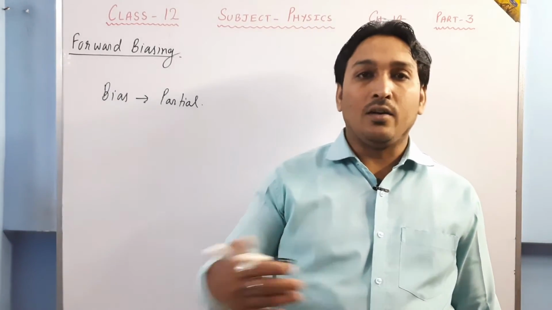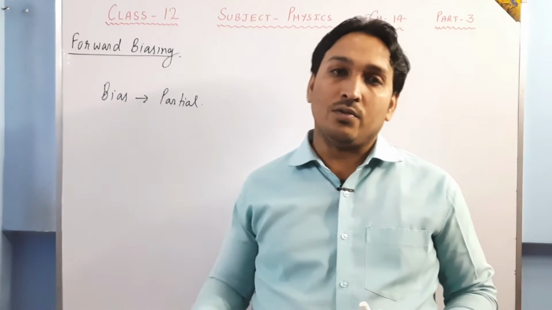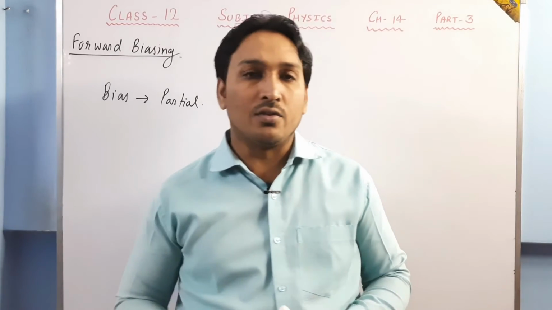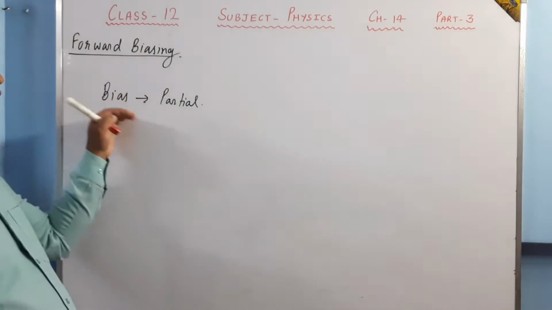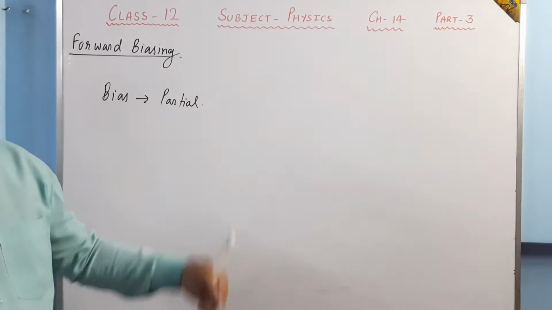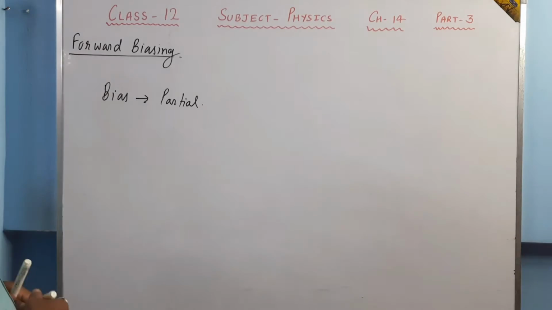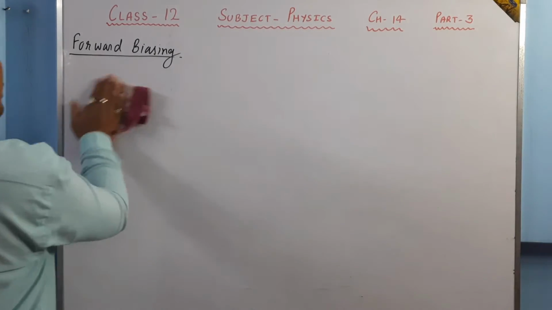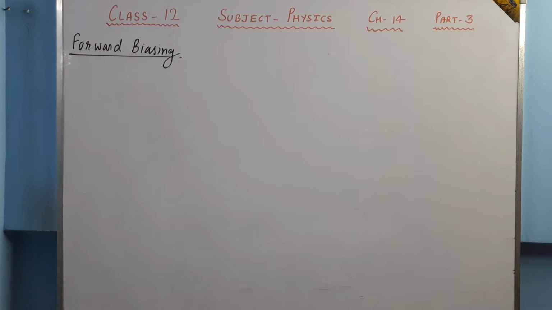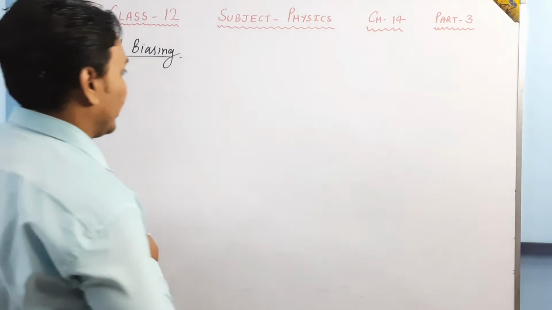They like good students which are good in studies and they don't like the students which are not good in studies, but it is not true. Actually we like all our students. So biasing is to be partial, partial towards something. So what do we mean by forward biasing? Forward biasing means we try to push majority charge carriers in forward direction.